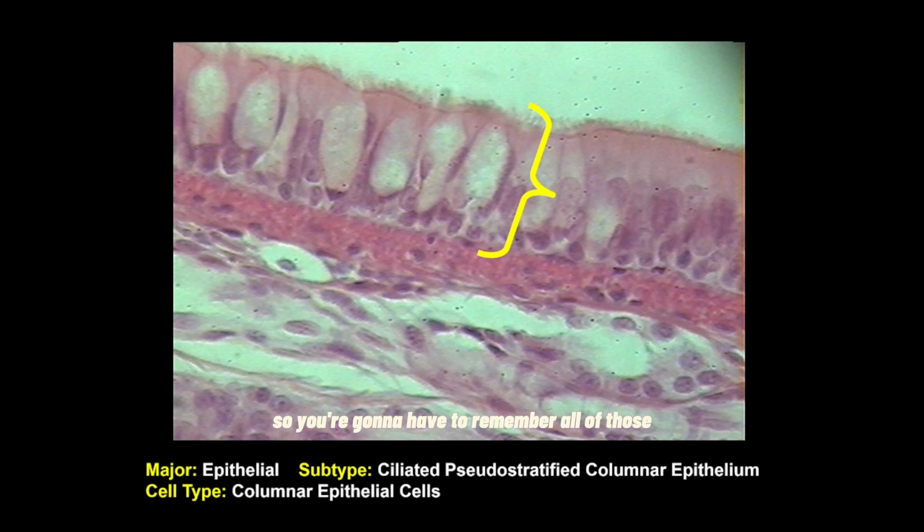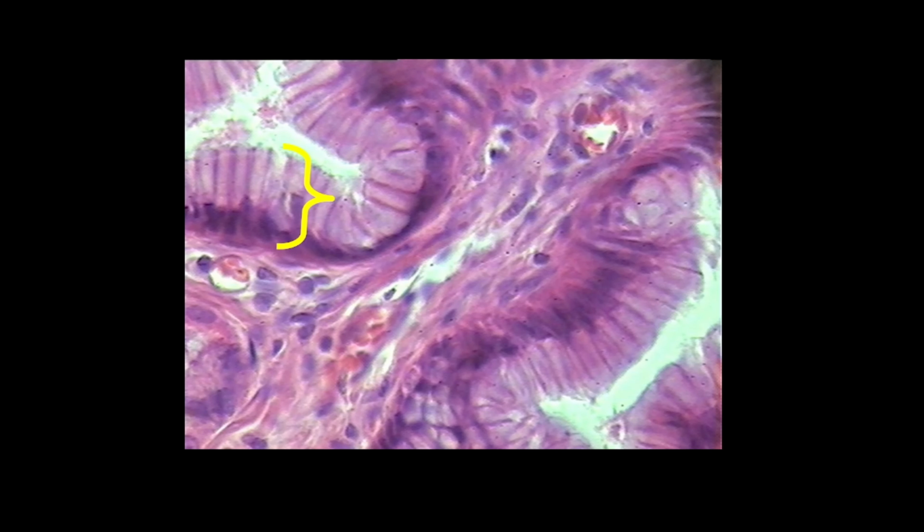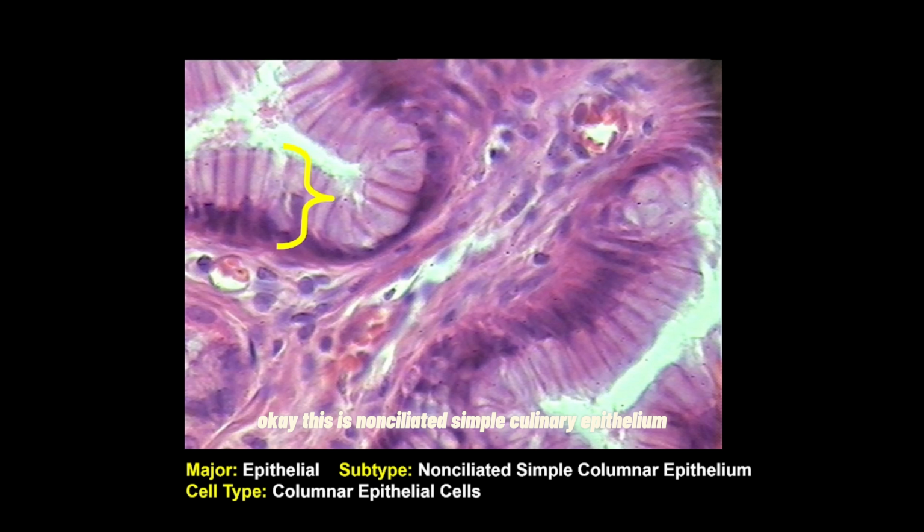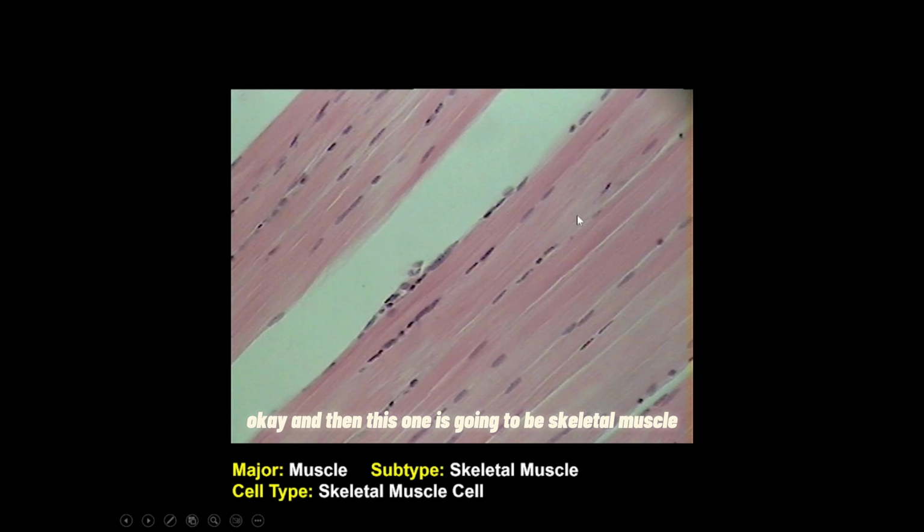So you're going to have to remember all of those and how to spell it. Okay, this is non-ciliated simple columnar epithelium. Okay, and then this one is going to be skeletal muscle. Like I said, this one looks a lot like the cardiac muscle and the smooth muscle.